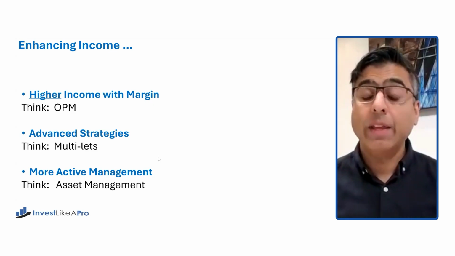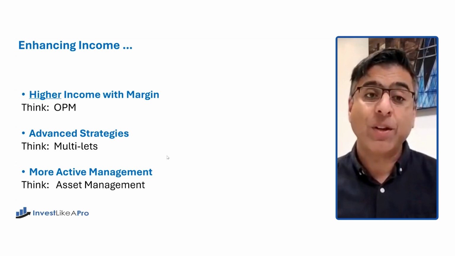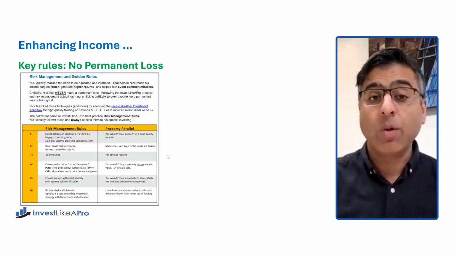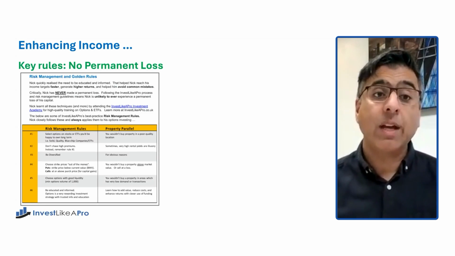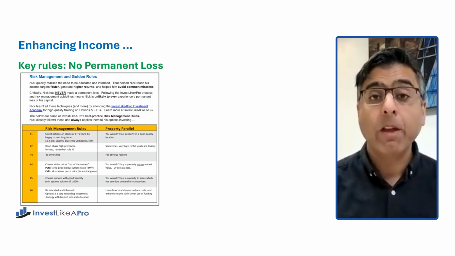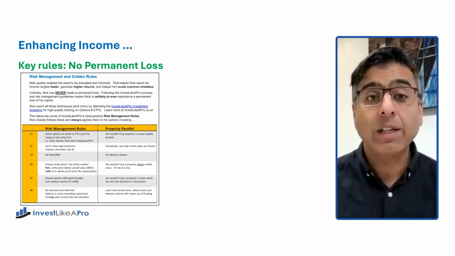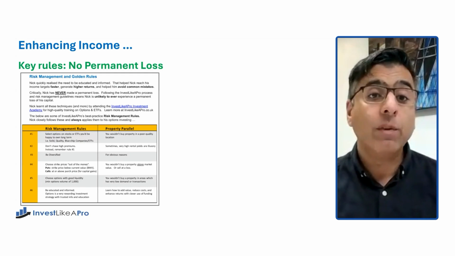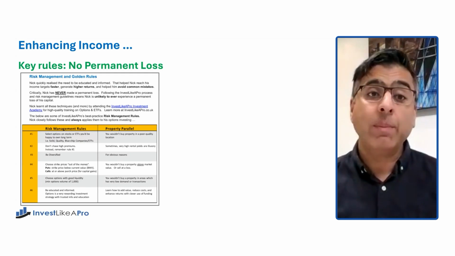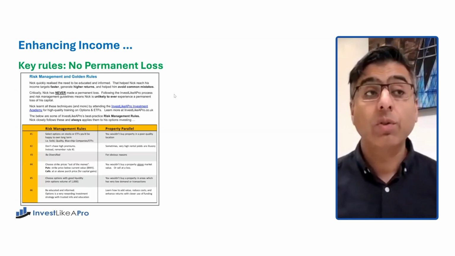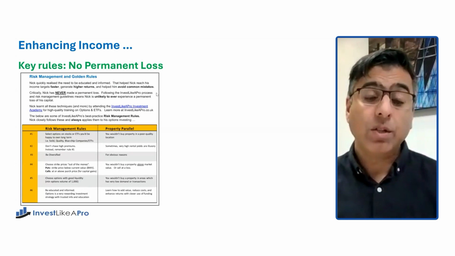And there are so many of these strategies to enhance your income. I've created a whole load of risk management rules which allow you to enhance your income with downside protection. And the great thing is none of these have ever resulted in any permanent loss for me or for my investors, because we deploy these with strict controls, which are actually pretty simple to manage.